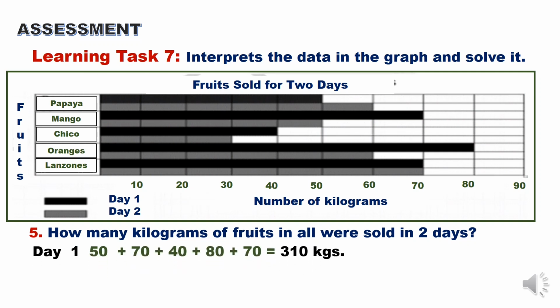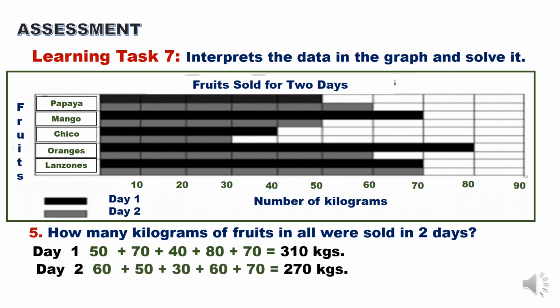For day 1, 50 papayas, 70 mangoes, 40 chico, 80 oranges, and 70 lanzones.